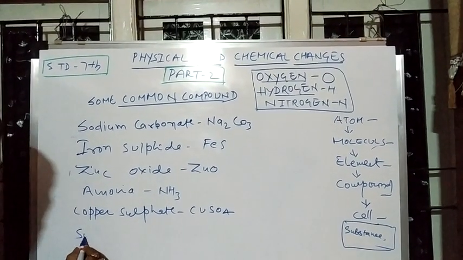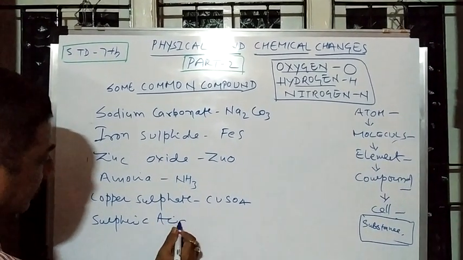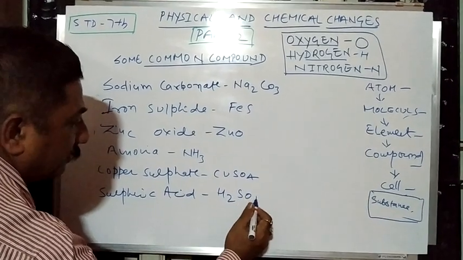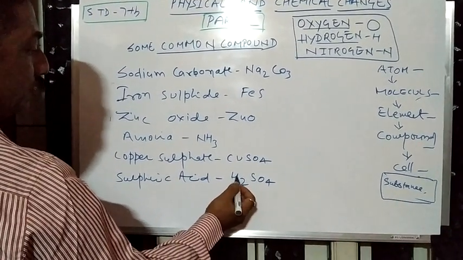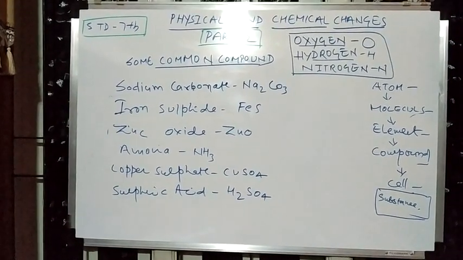Now sulfuric acid, H2SO4. H stands for hydrogen, so those two atoms are for hydrogen and then SO4, H2SO4.